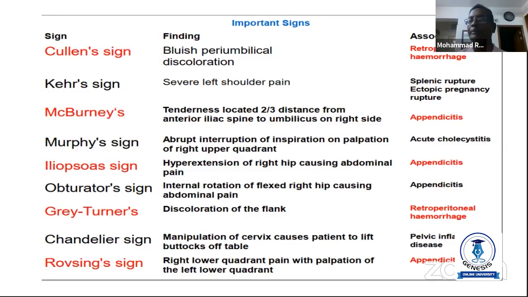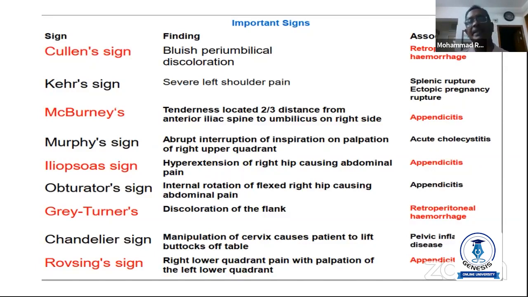McBurney's sign, you all know, is appendicitis. Everyone here is from the third year, we know it is appendicitis. The Murphy sign, at the ninth intercostal space in the right hypochondriac area: abrupt arrest of inspiration on palpation of the right upper quadrant indicates acute cholecystitis.